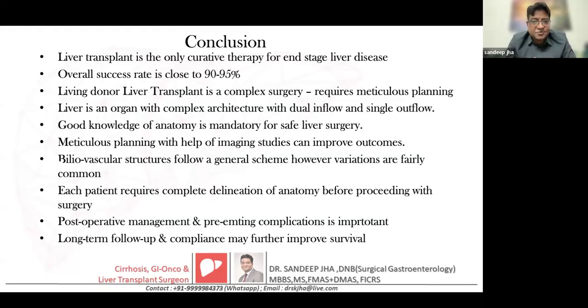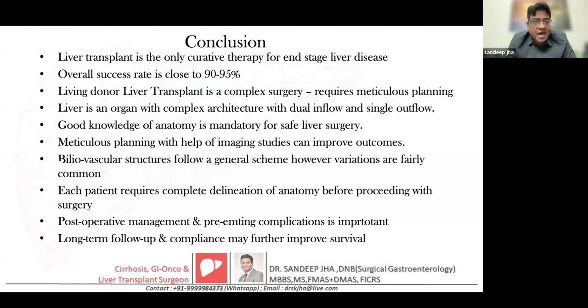Overall success rate is 90 to 95%. It requires meticulous planning, good knowledge of anatomy is mandatory, and post-operative management is also very challenging, and long-term follow-up and compliance is actually lacking in patients who come from other countries, because we try to follow up those patients, but we are unable to, both with regards to immunosuppression, the complications, recurrence of disease.